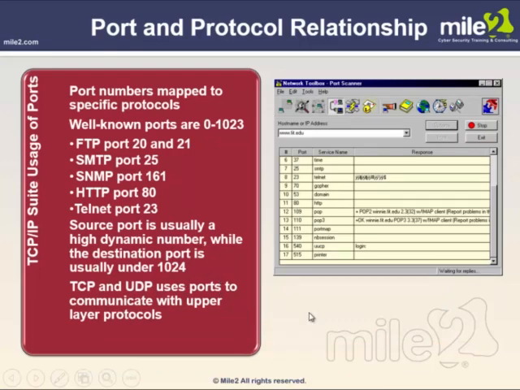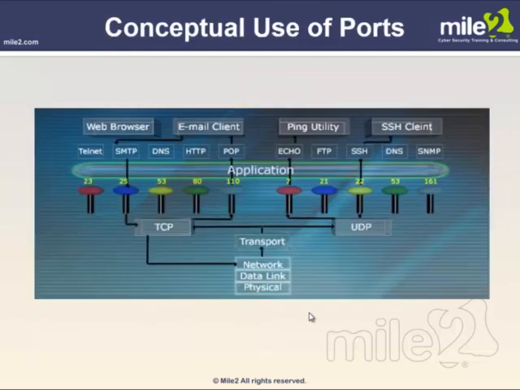All right. Now TCP and UDP uses ports to communicate with upper layer protocols. So again, the conceptual use of ports is, as you can see here, we have TCP and the UDP side. Depending on the type of protocol you're using, type of service you're using, then it will use the appropriate UDP or TCP ports. Because on the TCP side, we have 65,535 ports, but we also have 65,535 ports on the UDP side as well.